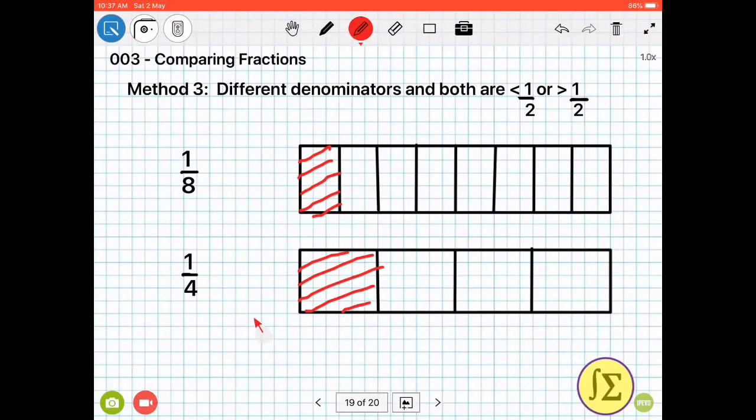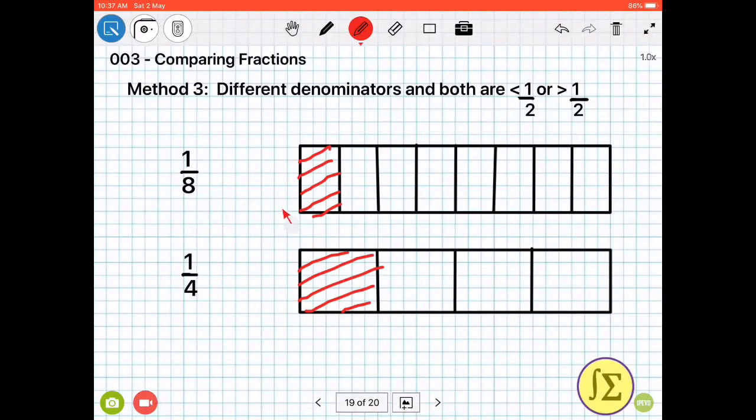So the unique thing about this fraction is the numerators are the same, 1 and 1, right? So when the numerators are the same, to determine the smaller fraction, all you have to do is look at the denominator. The larger the denominator, the smaller the fraction is when the numerators are the same, right?